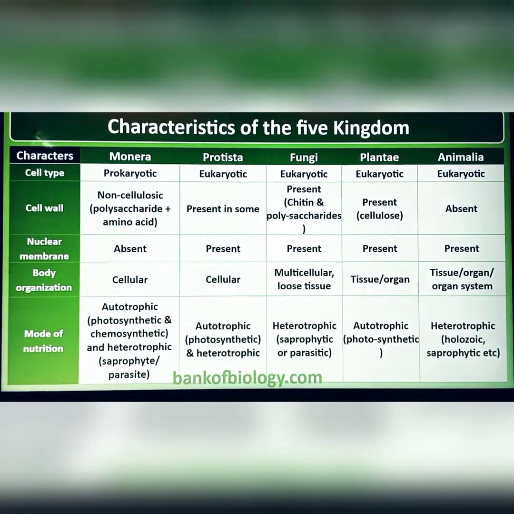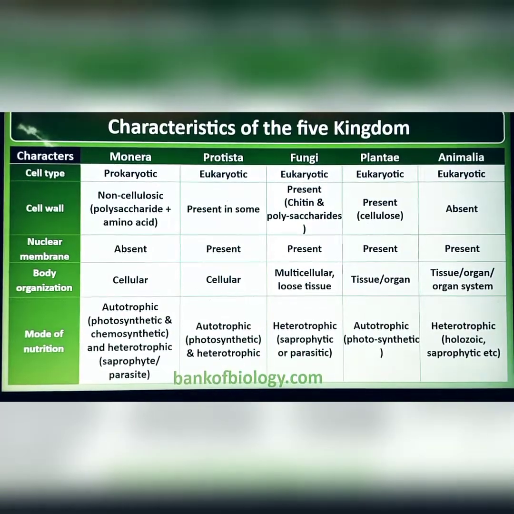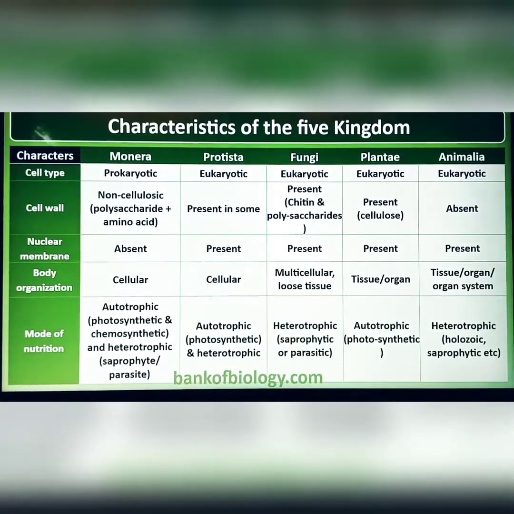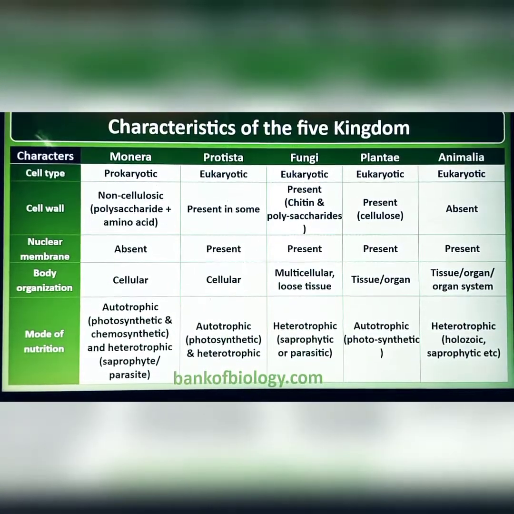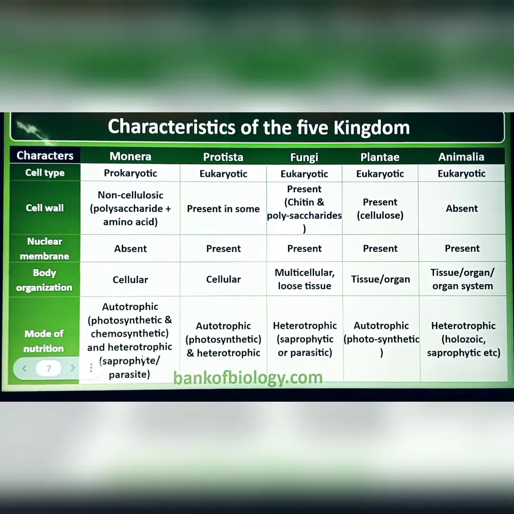Water present on the earth acts as a chemical. So our primitive monerans use chemicals for photosynthesis or chemosynthesis, and they are also heterotrophic, having saprophytes and parasites.